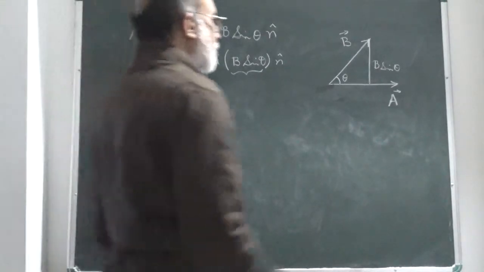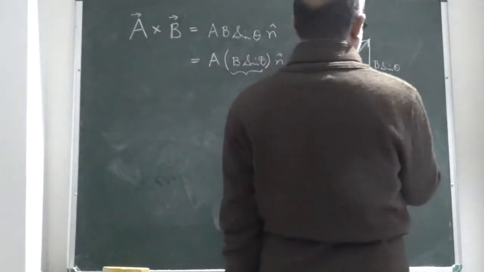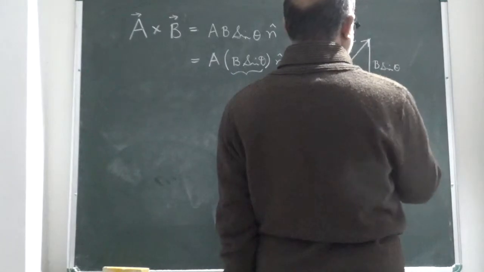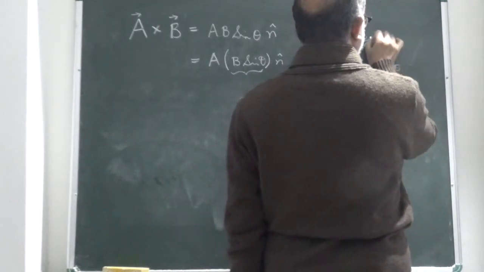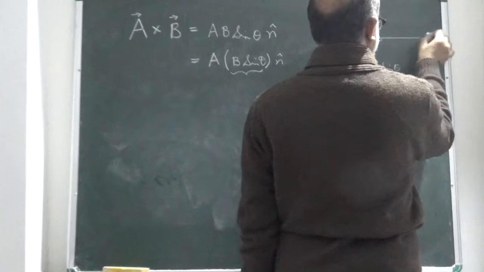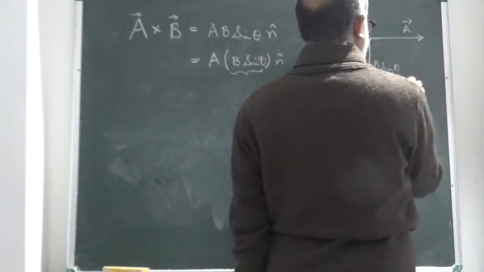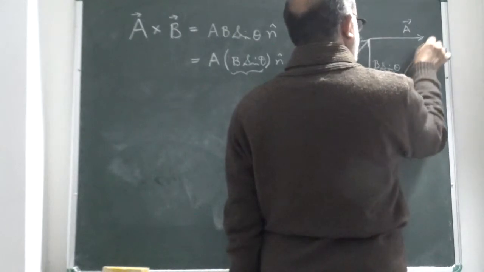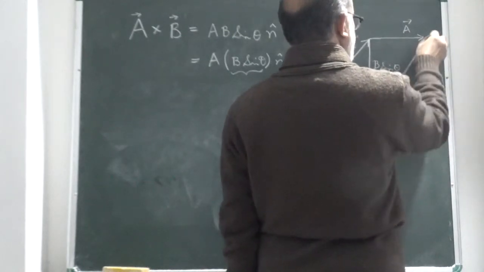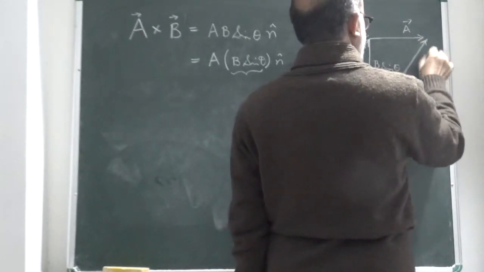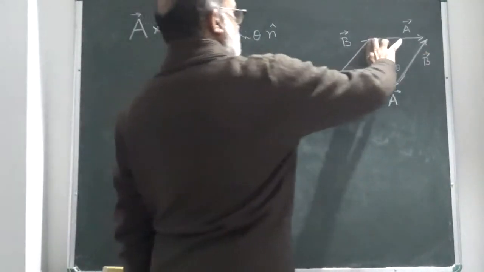If you form a parallelogram with these two vectors, then draw A here, this is the height of the parallelogram.